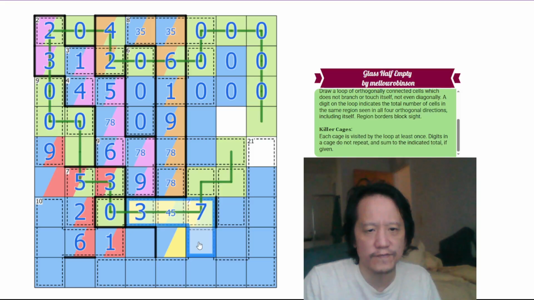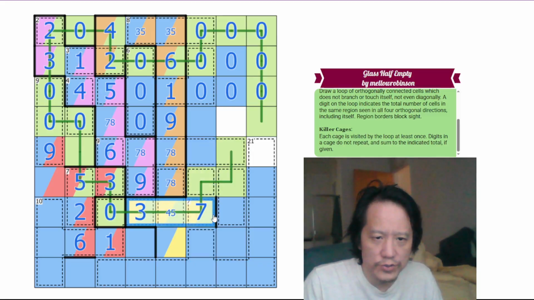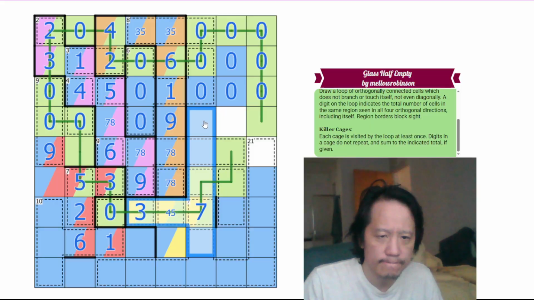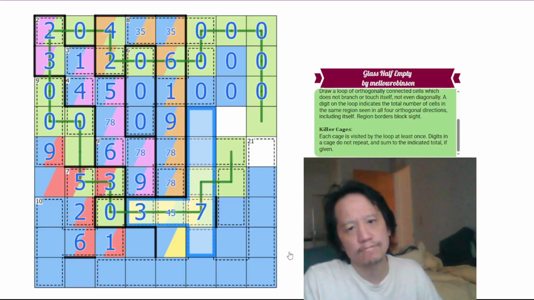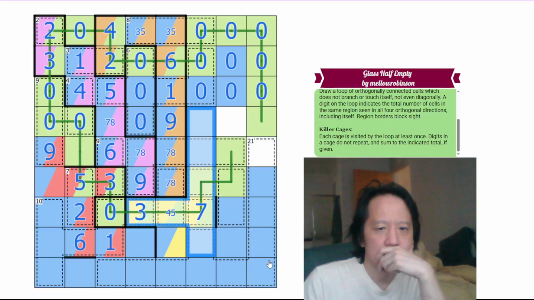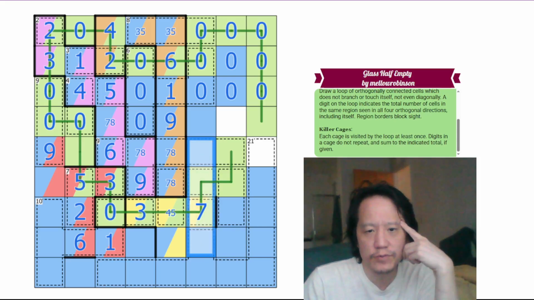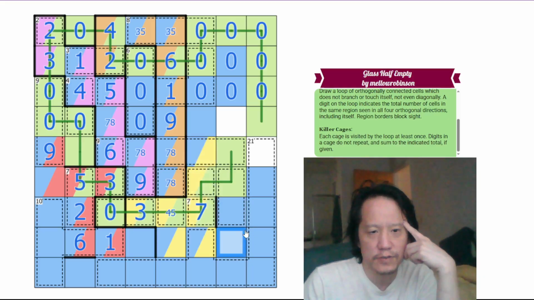1, 2, 3, 4, 5. So this is 1, 2, 3, 4, 5, 6, 7. Either way, these 4 are on the loop, or are in the region.